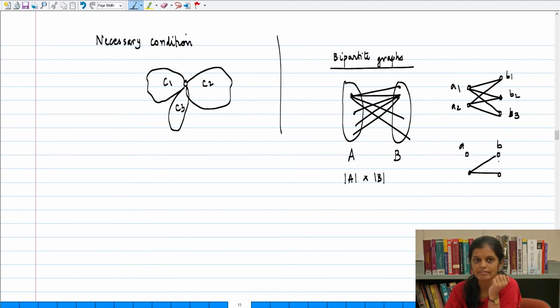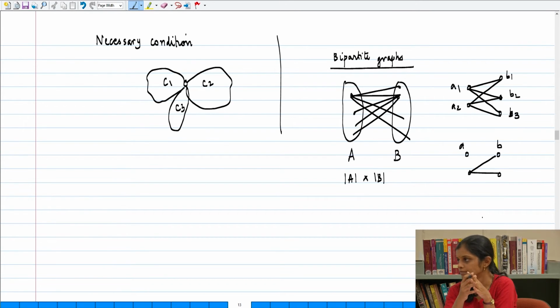Such a cycle must have an equal number of vertices from the A and the B side, right? It doesn't mean that Hamiltonian cycles have to have even length, but in this case, when it is a bipartite graph, it must be of even length, because bipartite graphs do not admit any odd cycles, right? And for it to have an even number of vertices, it must have an equal number of vertices from the A side and the B side.